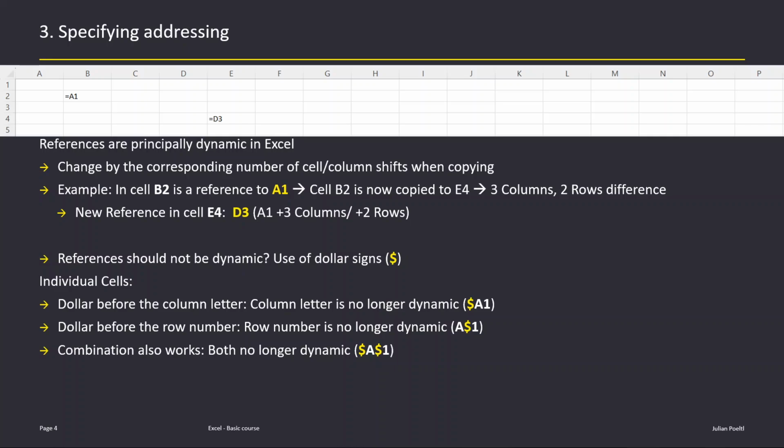If you copy something with a reference down or up, the row number will every time be the same as with your initial row number of your reference. And also a combination works. So if you want to have both your column letter and your row number no longer dynamic, then you have something like $A$1 here.